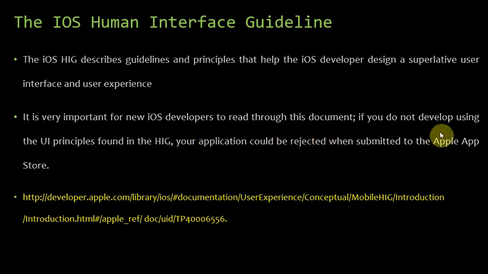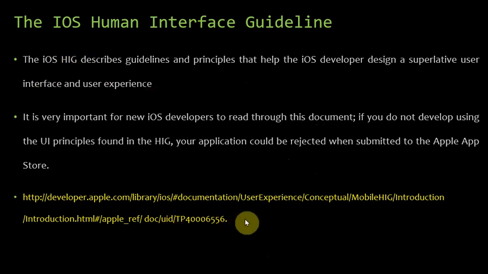If you do not develop according to what is told in this guideline, then there is a possibility that your application will be rejected when submitted to the App Store. So before you actually go into development, you have to read this document, which you can also call the HIG document.